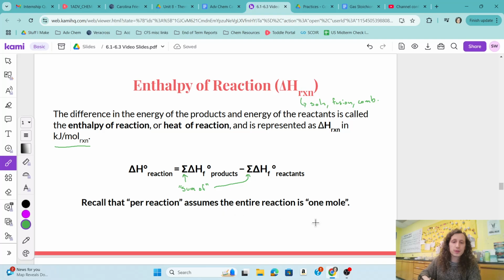So we assume that an entire reaction is 1 mole. For example, if I take, what is something good, like creation of HCl from its constituent elements, right? Let's just say hydrogen and chlorine gas combined make HCl.